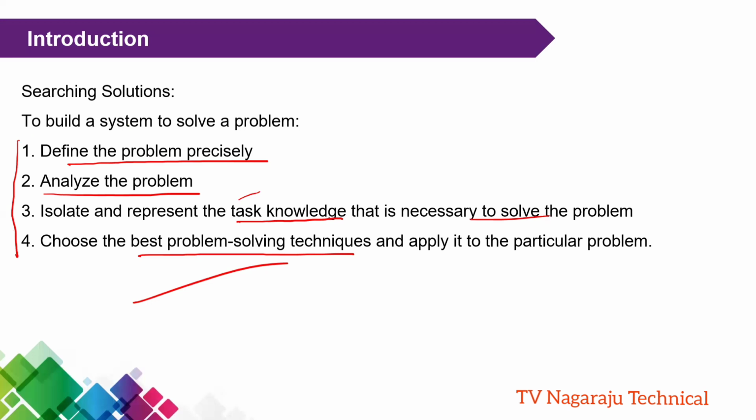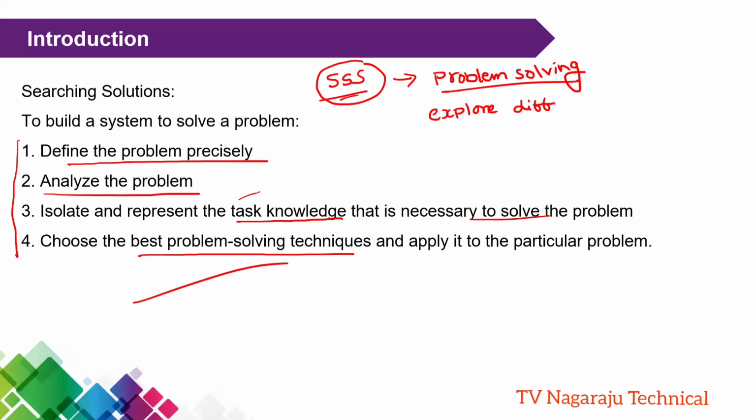Now, why are all these steps important to state space search? Remember, what is meant by state space search? This is simply a problem solving approach. You got it? State space search is a problem solving approach where we are exploring different states of a system to find a solution.